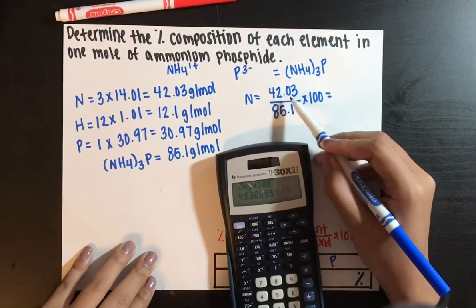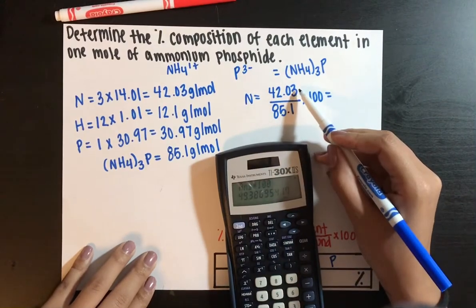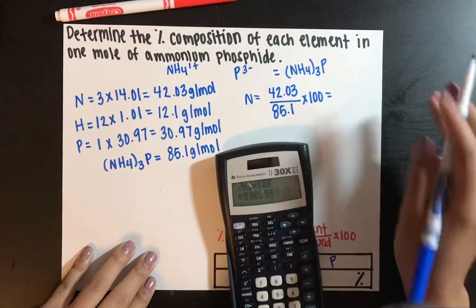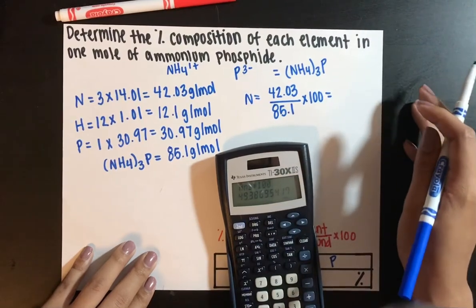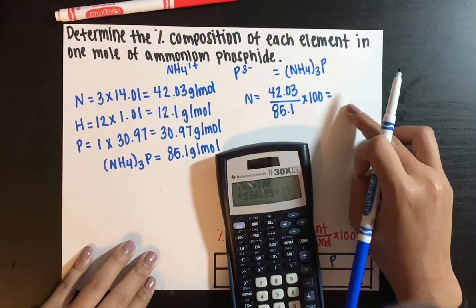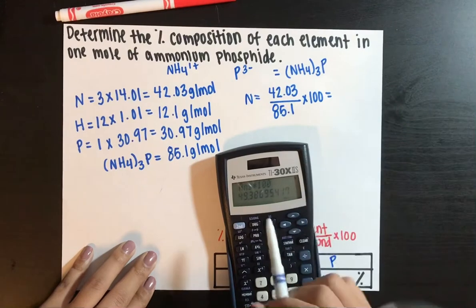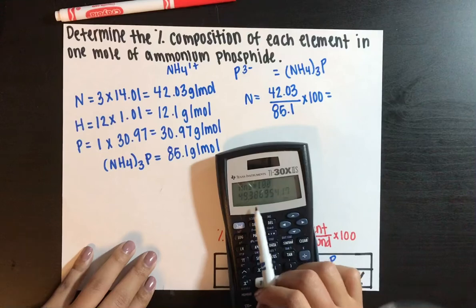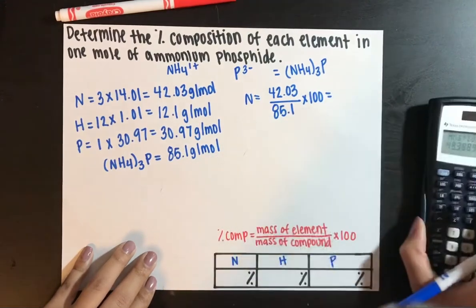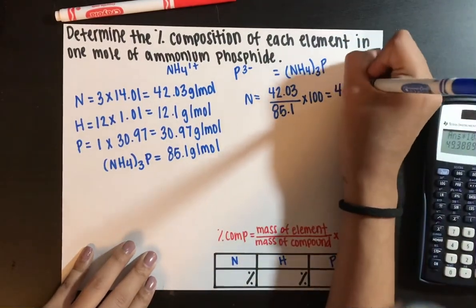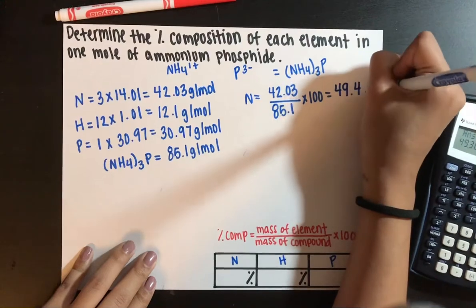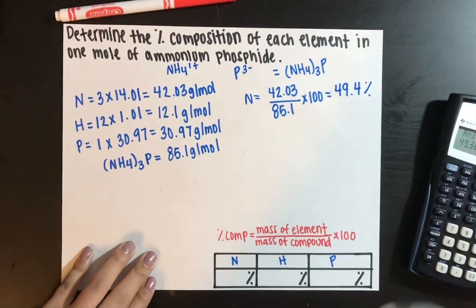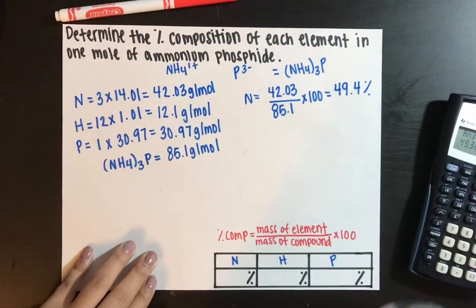Our 42.03 has 4 significant figures and our 85.1 only has 3, so our final answer should have 3 significant figures. Therefore, our answer is 49.4%, because that 8 rounds up the 3.